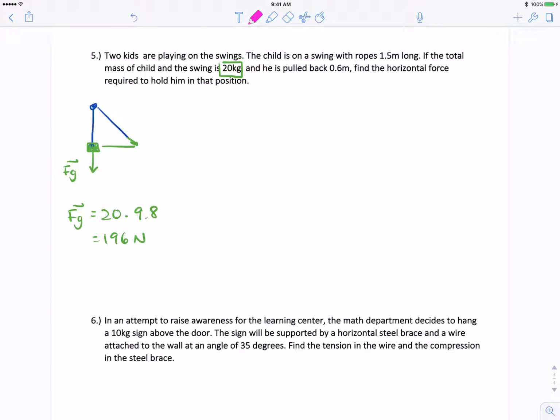There is tension in this rope. It goes this way. I'll write F of T instead of just T. Because I'm pulling the rope. I'm pulling the kid back. There is tension on that rope. Gravitational force. Remember, if he's not going anywhere, find that horizontal force required to hold him in position.